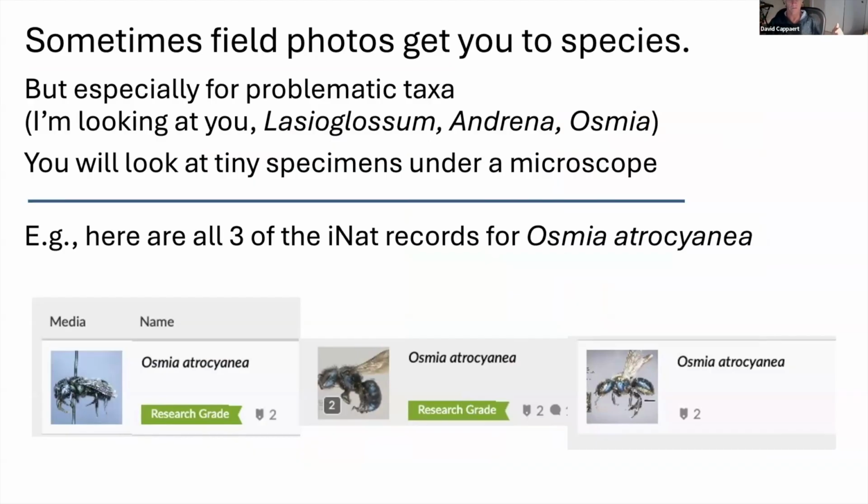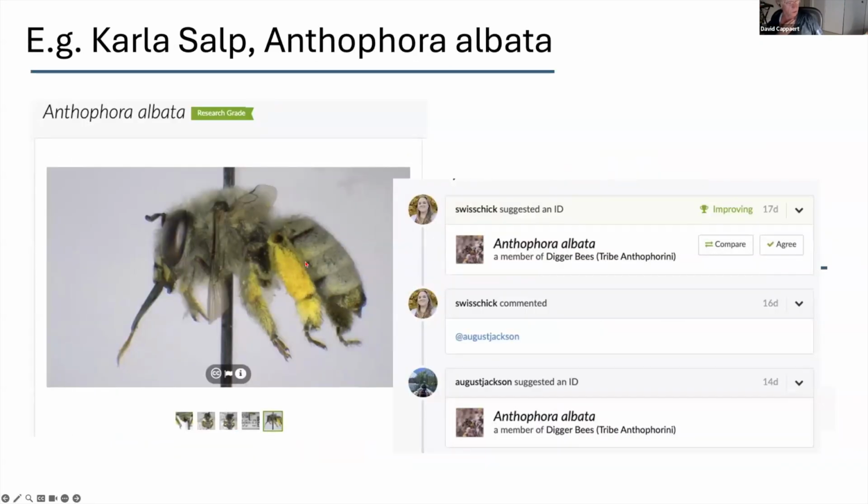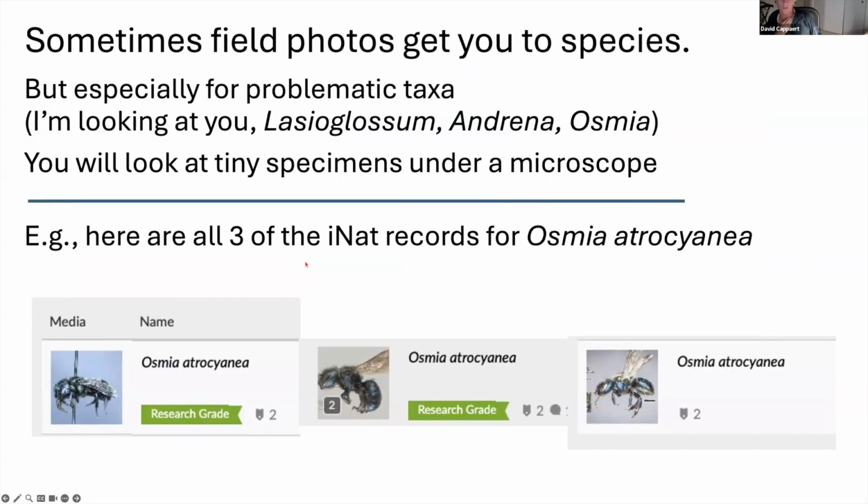Bees are hard, right? iNaturalist is very good for butterflies. You can't get it wrong, and they're big, and you can get what you want. But for a lot of the bees, if you want to know species, you're going to have to look at little bugs on pins and really look at them and think a lot about it, and consult a lot of resources. So here is an example I took, Osmia atrocyanea.